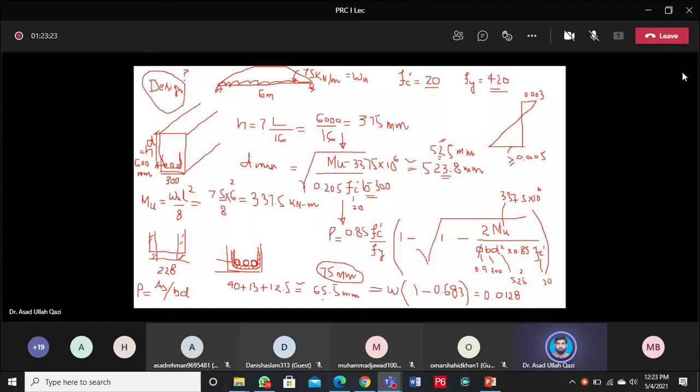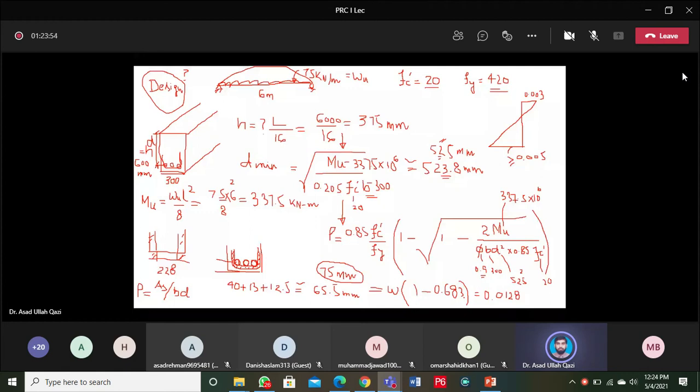Since you have used 0.9 over here, so your rho should be maximum equal to rho max or less than that, and it should be above or minimum equal to rho minimum, because if that is the range, your design will be up to mark.